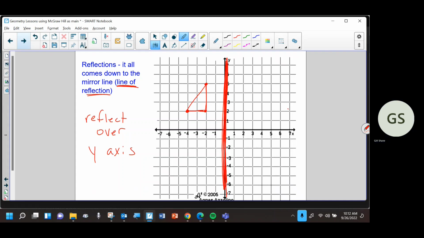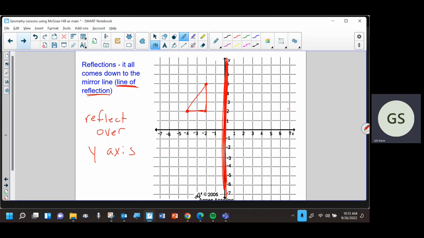Here's the key. A lot of times you won't be able to visualize how it would look. It's the same for every single problem. It just depends on where your line of reflection is. Once you draw in your line of reflection and you know you're going to flip it over that, like a mirror, it's hard to explain.